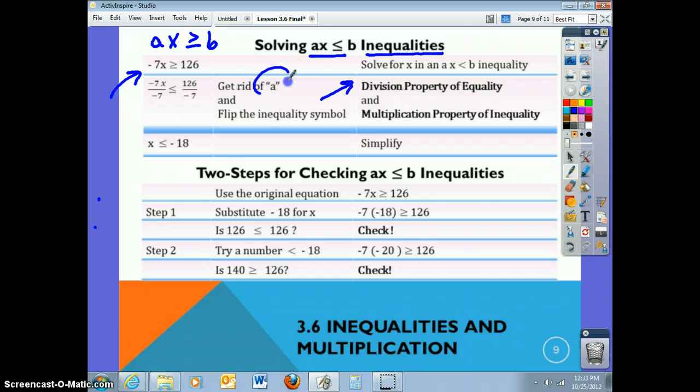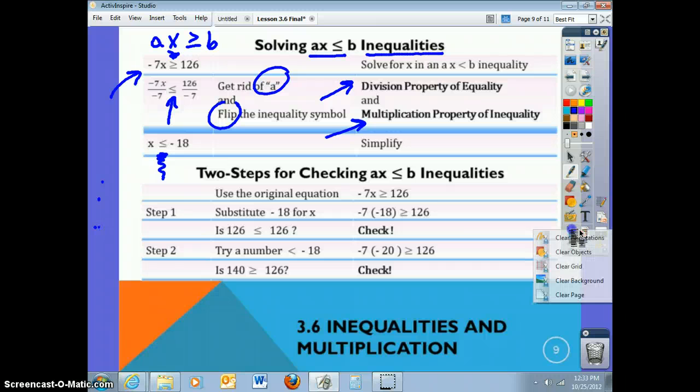But because of the property we just learned, I also need to use the multiplication property of inequality and flip the inequality symbol. So instead of greater than or equal to, the result is now less than or equal to. I've divided both sides by negative 7 and gotten x is less than or equal to negative 18.